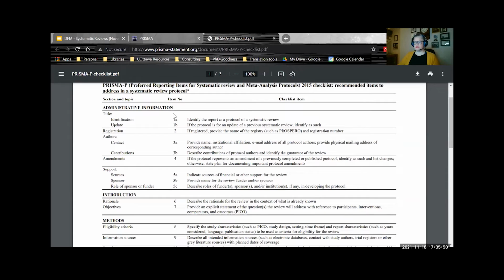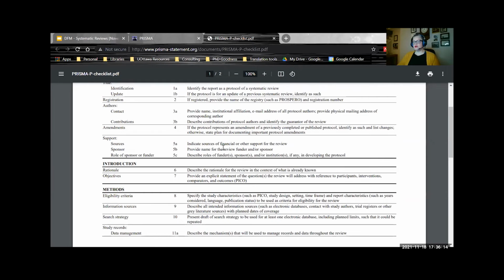For example, the first one is administrative information. Here they're identifying, is it an update of a systematic review? Did you register it with PROSPERO, which is a registry of systematic reviews? You also provide all of your information of the authors, who contributed what, if there are any amendments, and were there any grants, any sponsors?